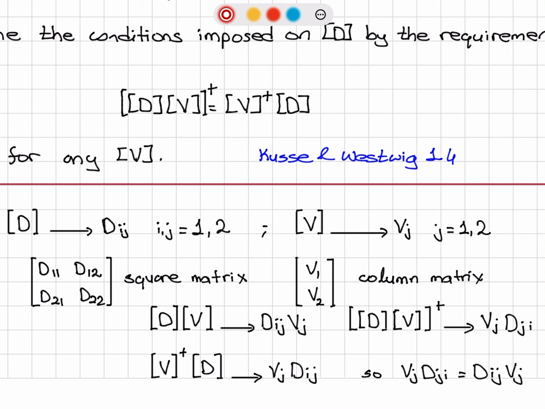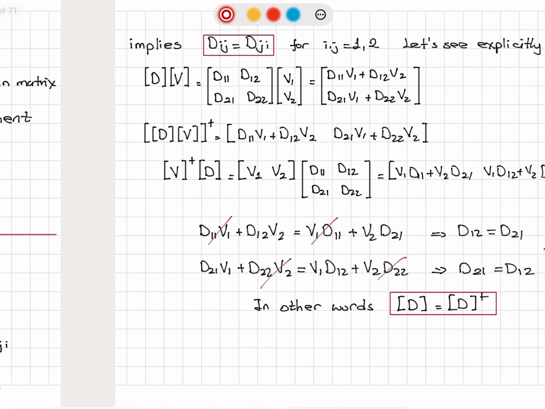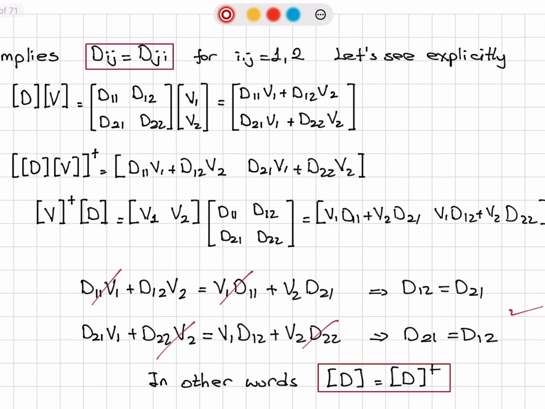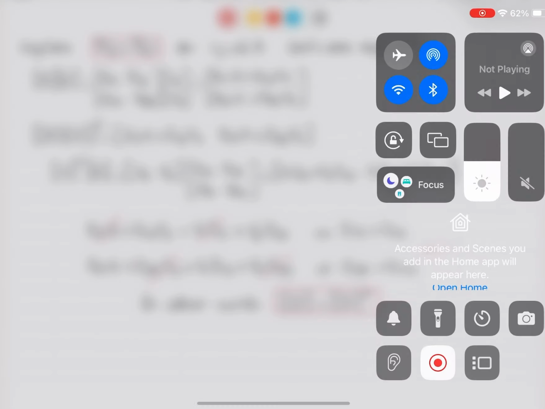So Vj Dji must be equal to Vj Dij. So this implies, because the Vj's are the same, Dij must be equal to Dji. In other words, the matrix must be equal to its transpose. So here we have explicitly shown that by looking at the elements of the D V transpose and also the V transpose D elements, the requirement is D12 equals D21, which means Dij is equal to Dji, as we have found out.